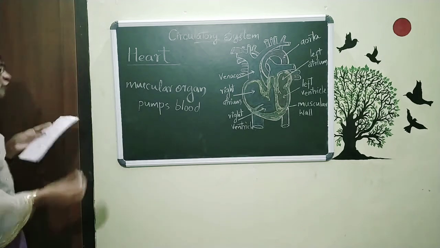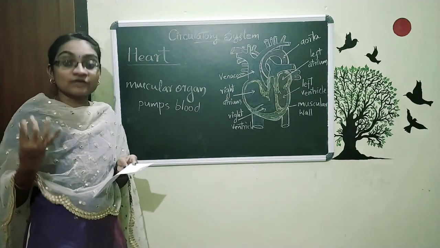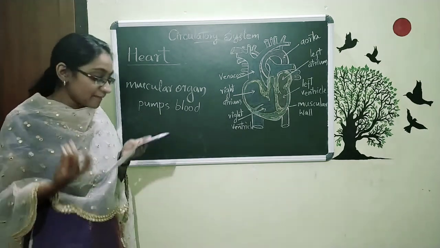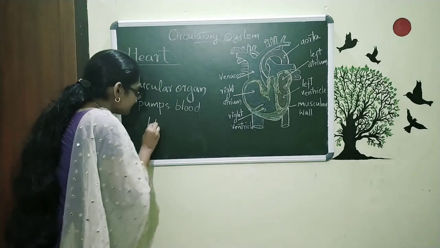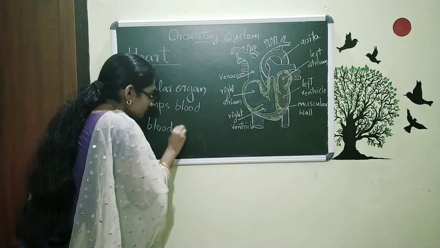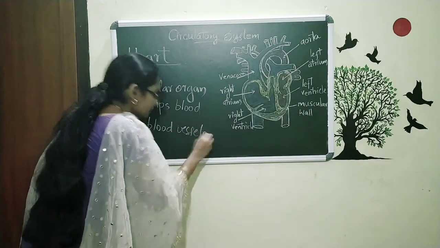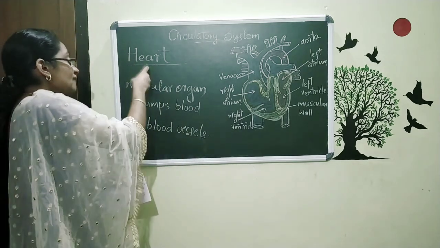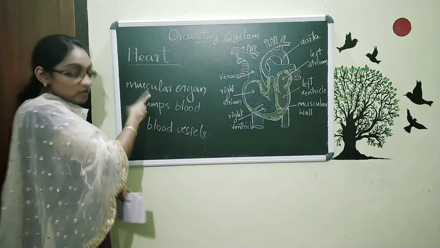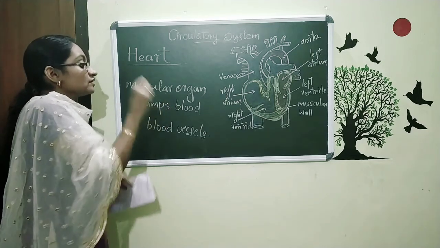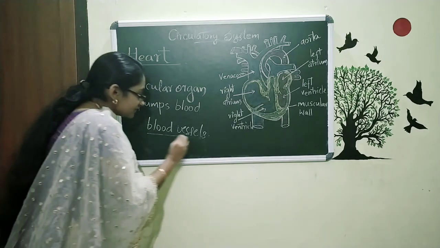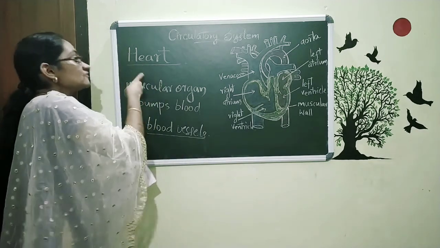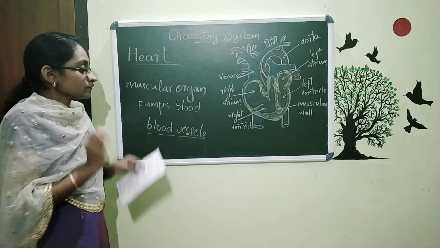So we can say heart is a muscular organ which pumps blood to all parts of our body through blood vessels. So this is the definition for heart.